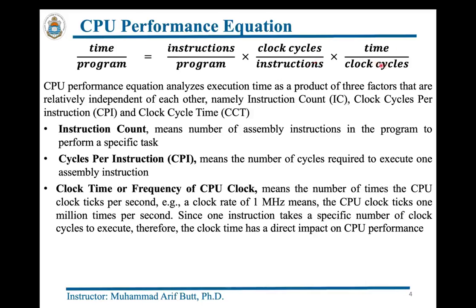And if we reduce the clock cycle time by increasing the frequency of the CPU clock, that is by designing small and high speed transistors, the hardware will consume more power and more heat will be generated. And the last option left is to reduce CPI, that is cycles per instruction, by using techniques like thread level parallelism, pipelining, superscalar CPU design, and so on.